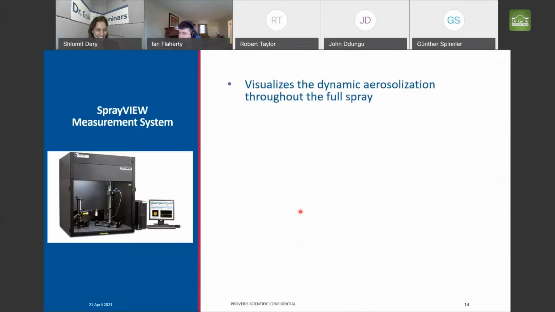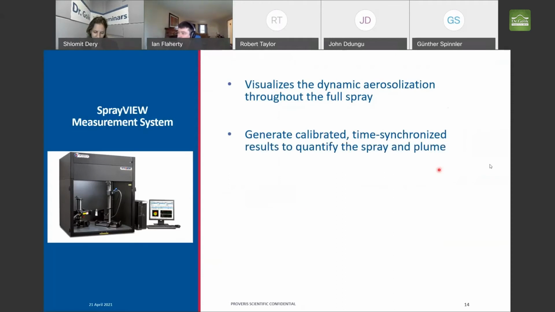Okay, so now we'll talk about SprayVIEW. So SprayVIEW utilizes our automated actuator technology, but it basically adds in a couple other elements, a semiconductor laser system and a high-speed camera so that you can visualize dynamic aerosolization of the spray throughout the full spray event.